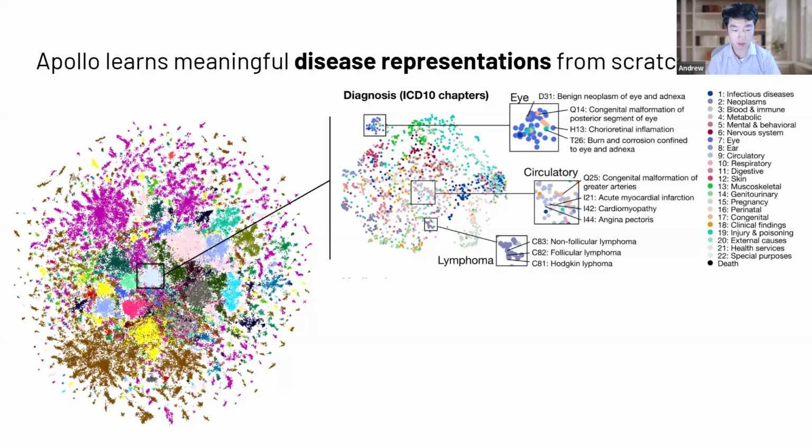We also see more emergent clustering, such as burn and corrosion to the eye clustering with eye diseases rather than with the other injury and poisoning chapters. This shows us that the model is aligned with these existing ontologies, but is not limited by them. It can learn its own decision boundaries between what's related and what's not.